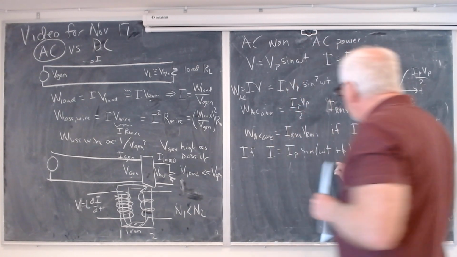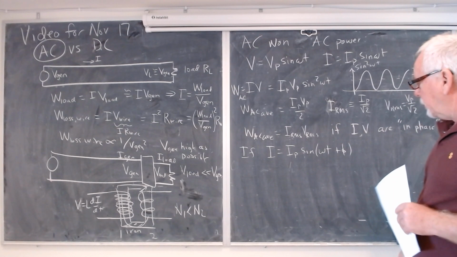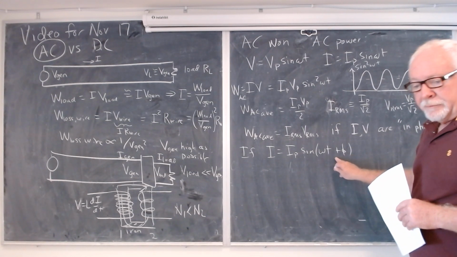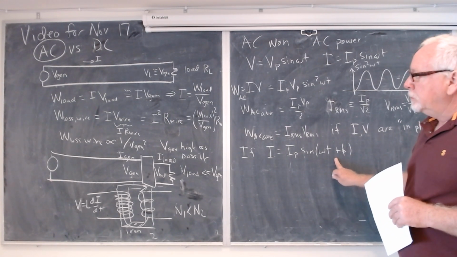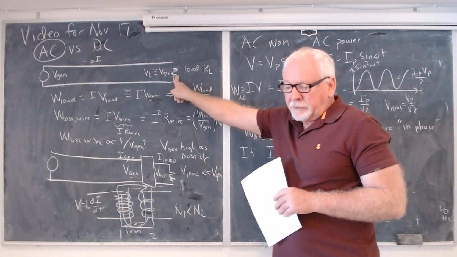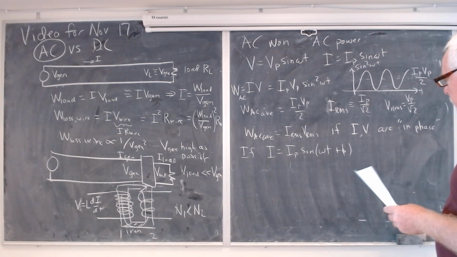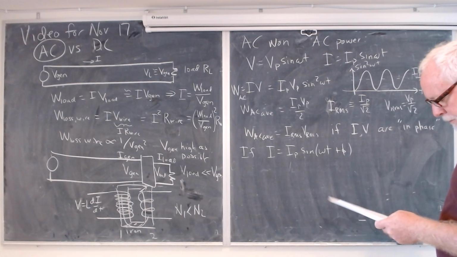Now, why would that be true? Well, that's the point of your homework problem, the last one. That'll be true if there's inductance in the load. See, if it's purely resistive, then I and V are in phase. But if there's inductance or capacitance, you would get some phase variation.